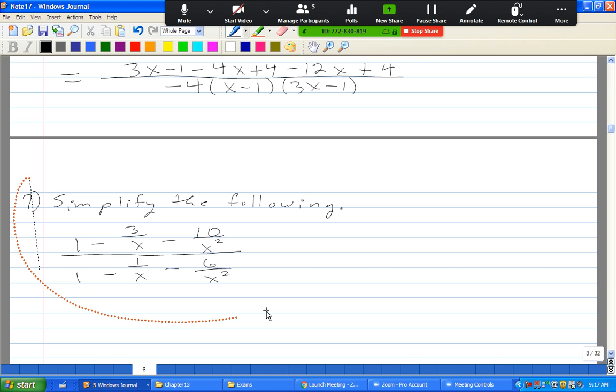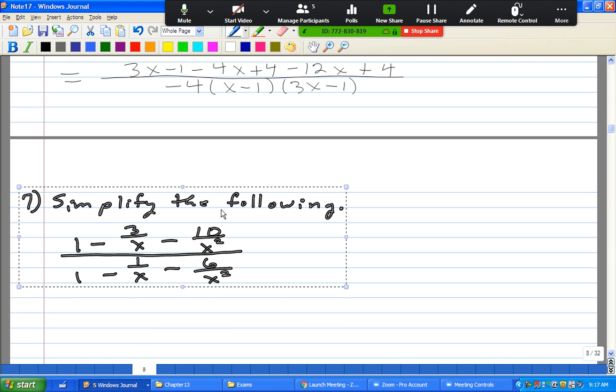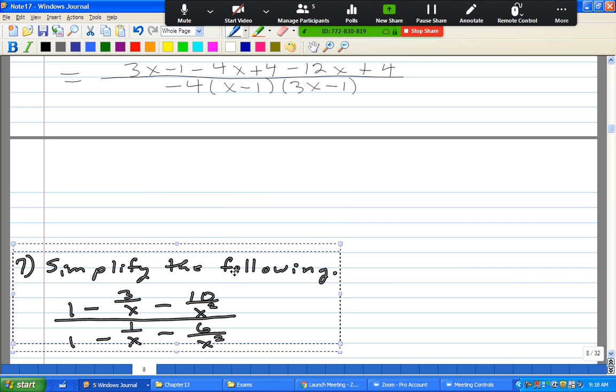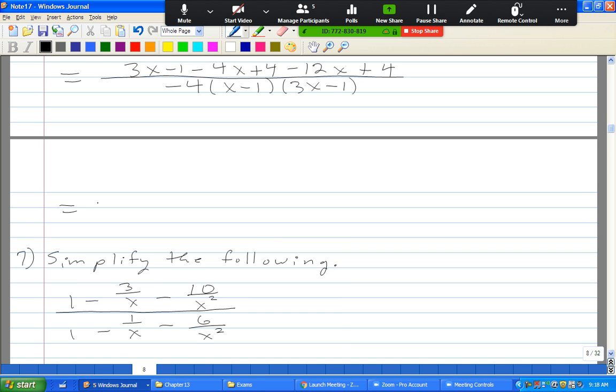Let me move this down for 1 second so I have a little bit more space. That's all I need. So this is equal to, well, the common denominator will still be the same, negative 4, x minus 1, 3x minus 1. 3x minus 4x, negative x, minus 12x, negative 13x.